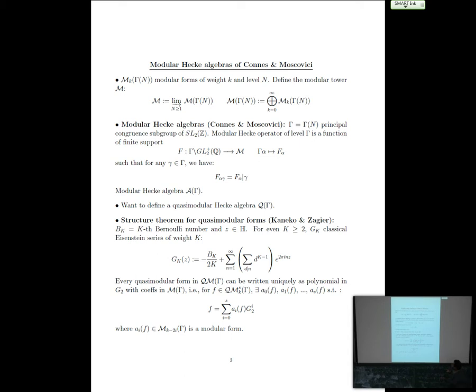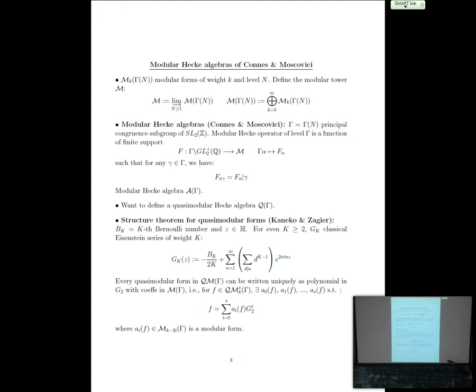Now we want to talk about a quasi-modular Hecke algebra. For that, first of all, we need to mention the structure theorem for quasi-modular forms, which is due to Kaneko and Zagier. We recall quickly the classical Eisenstein series, Gk of z.